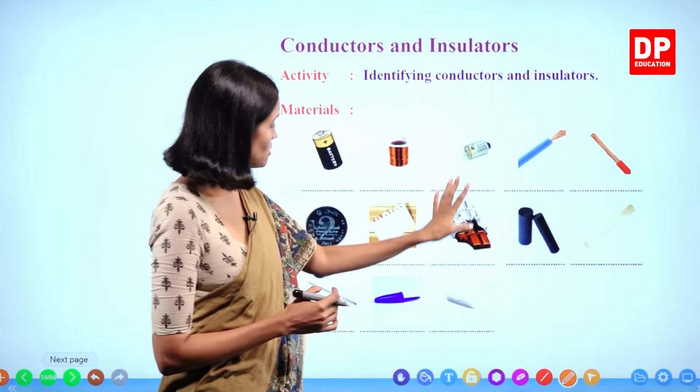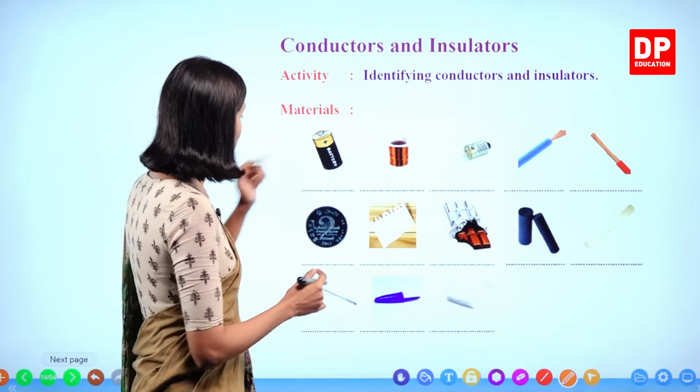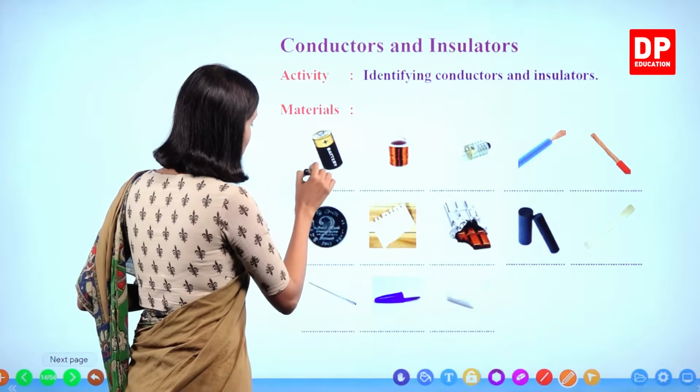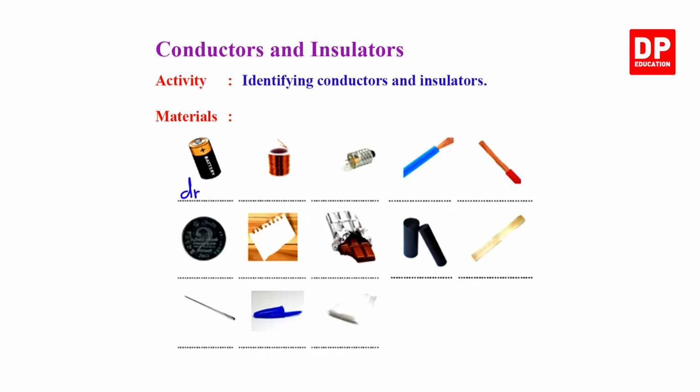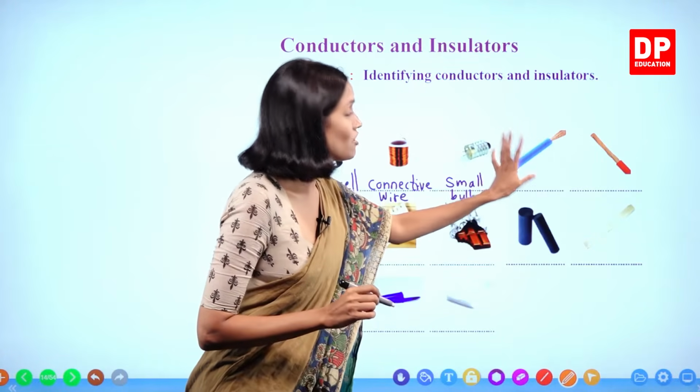We need a lot of materials to do this activity. Right? We'll write them. We need a dry cell and connective wire, a small bulb, right? And then we need the outer casing of a wire.